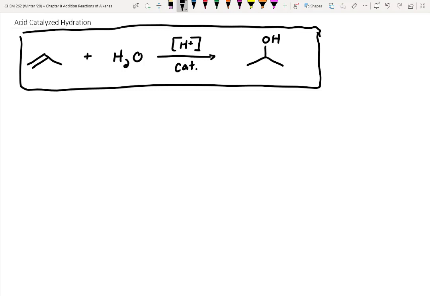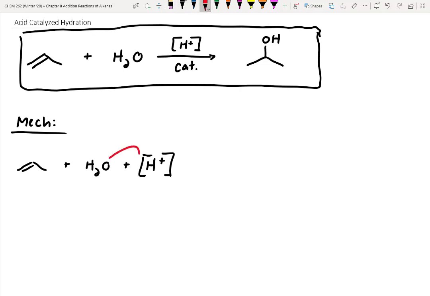So let's do this. What's the fastest reaction in chemistry that we've seen so far? Does anybody remember? Acid-base chemistry. So if we've got all of these mixed around in solution, what do you think the fastest acid-base reaction is going to be? Yeah, forming hydronium, absolutely. So water will quickly grab this proton, and we'll just get hydronium.